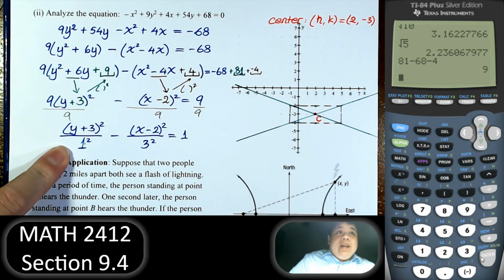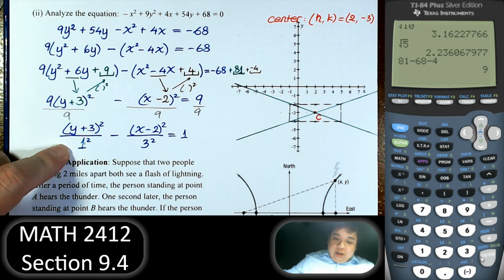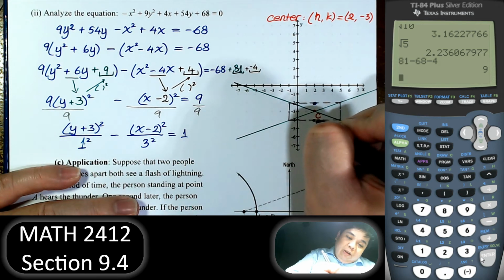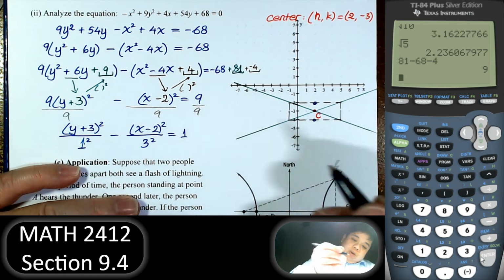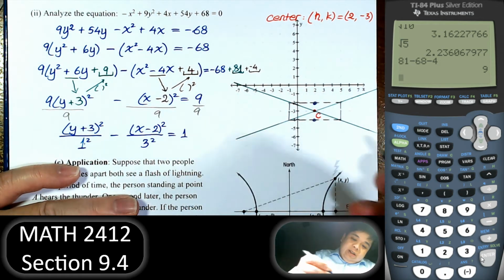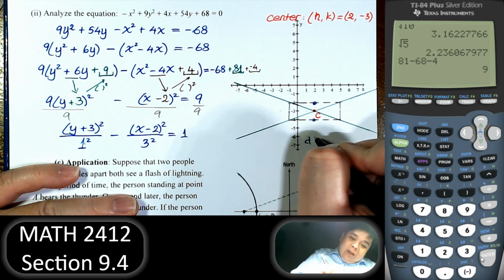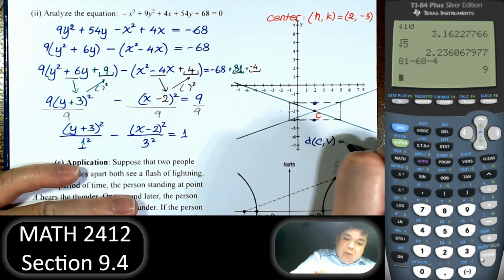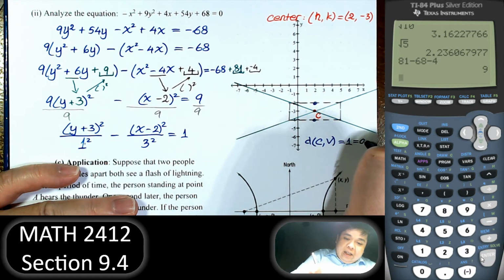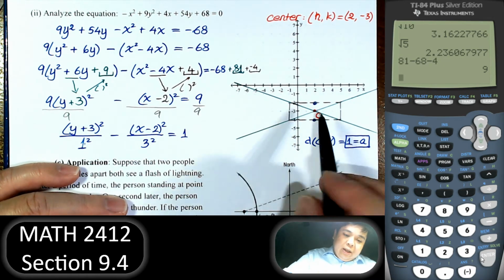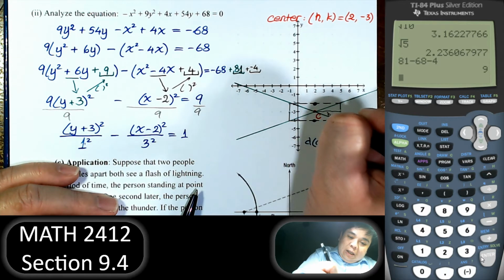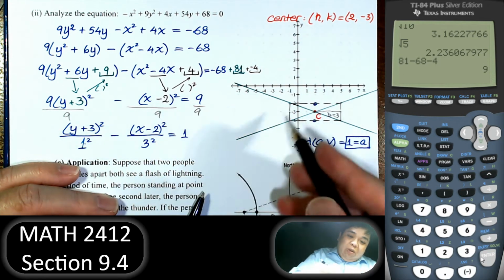Now we lead with the y, so the vertices will be up and down from the center, and that distance is going to be 1. So the distance from the center to a vertex is 1, and that is going to be a. And the other distance is going to be b, which is 3 left, 3 right, so b is 3.